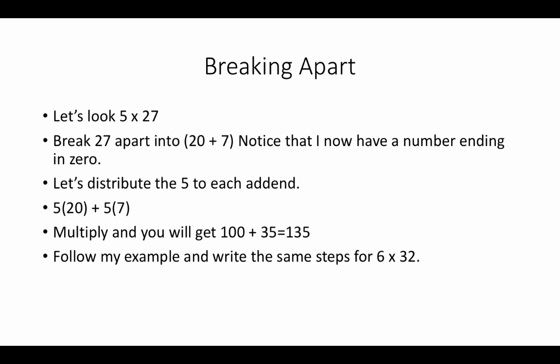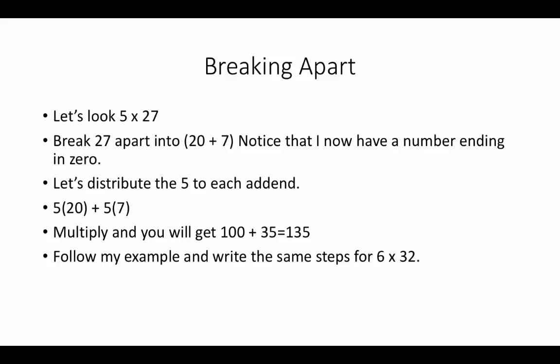So let's look at 5 times 27, and we're going to break this apart. And the first thing that you're going to notice is that we're going to take 27 and use expanded form. So we're taking 27 and expanding it into 20 plus 7. So notice that I now have a number that's ending in 0, and I put it in parentheses, which implies that we're going to put something beside it and multiply it.